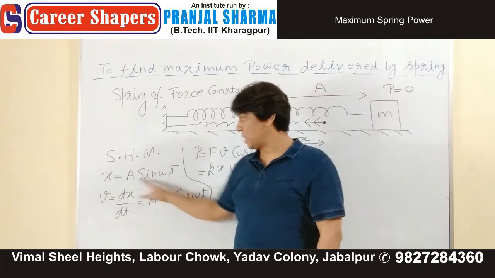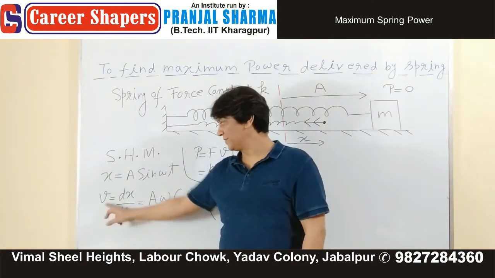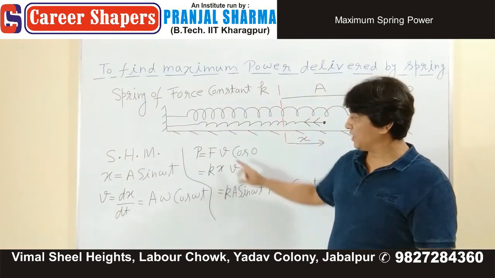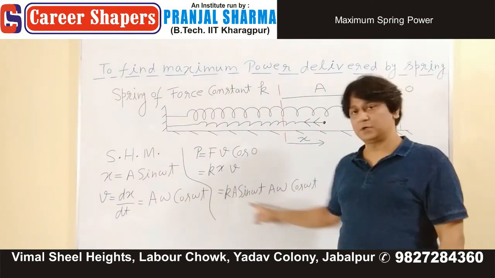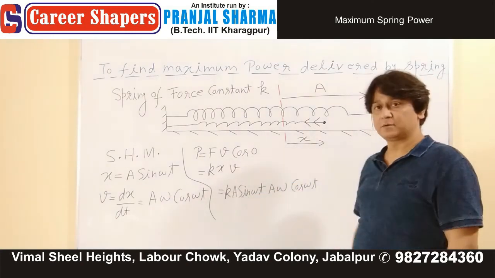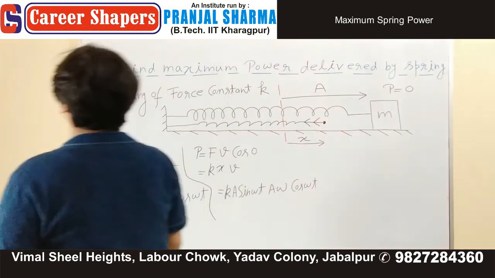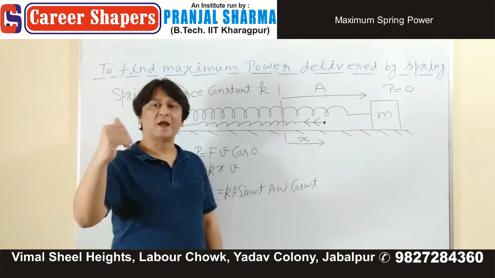If I give you x, you know differentiation of x with respect to t gives us what? v. We have v as a function of t. So this is your power and you need to maximize it. Pause the video, try to maximize it, and the hint is you can use maxima minima but you don't have to.